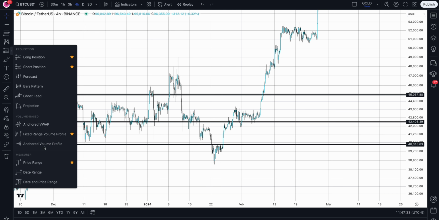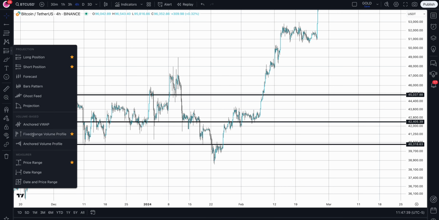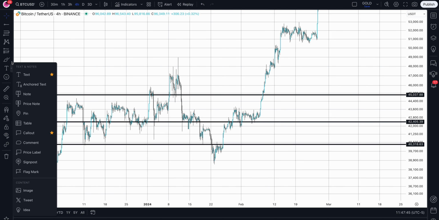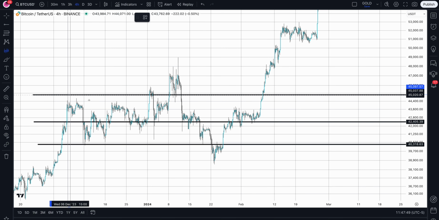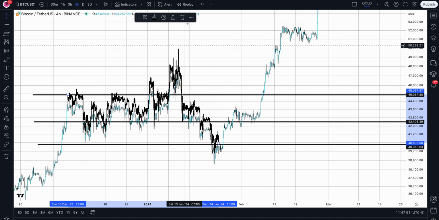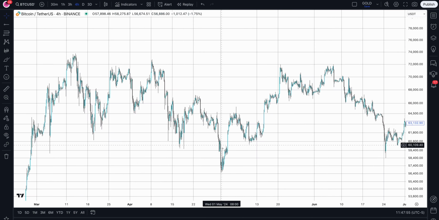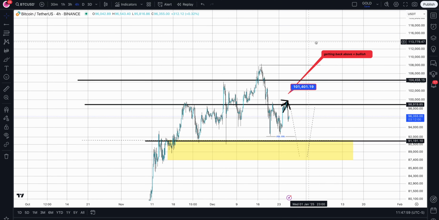When we take a look here at this fractal, let's take a look here. Okay, so we'll take a look at this fractal right here. And this is a very similar fractal to what's happening right now, right?